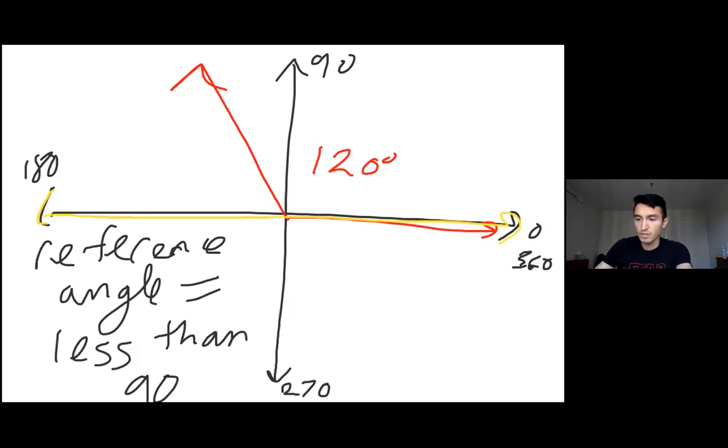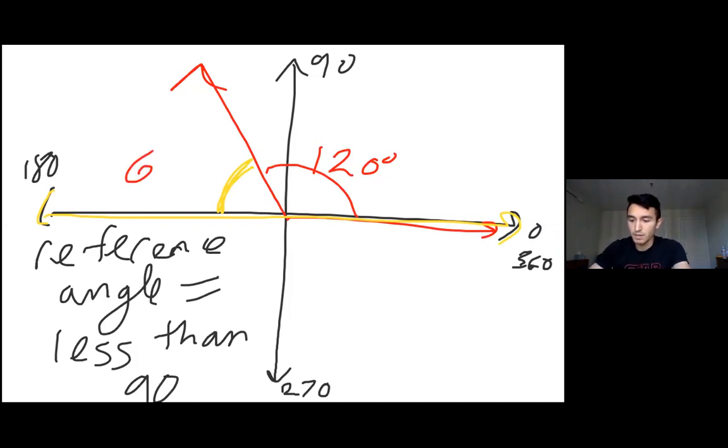So the reference angle is whatever this is, because this is 120 technically with the x-axis, but we want the angle that is smaller than that, still with the x-axis only. So what's left is basically what adds up to 180, because if this is 120, the rest adds up to 180.